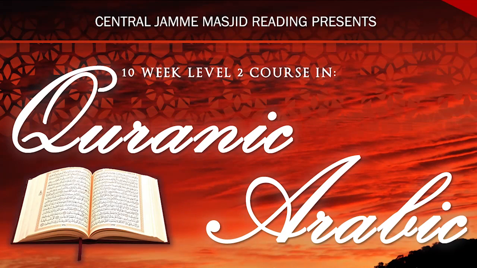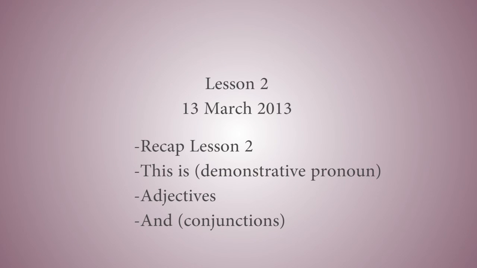Before we progress to lesson number 3, just a little recap on what we did in lesson number 2. We discussed masculine and feminine, that words are divided into two categories: masculine, which is mudhakkar, and feminine, muannas.